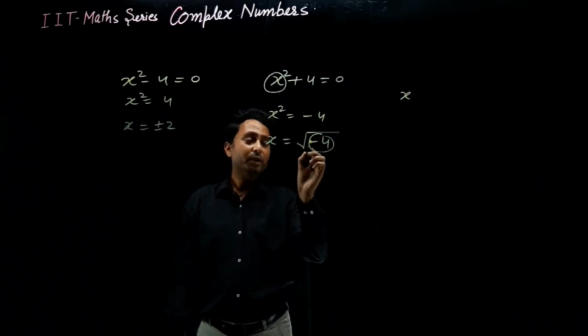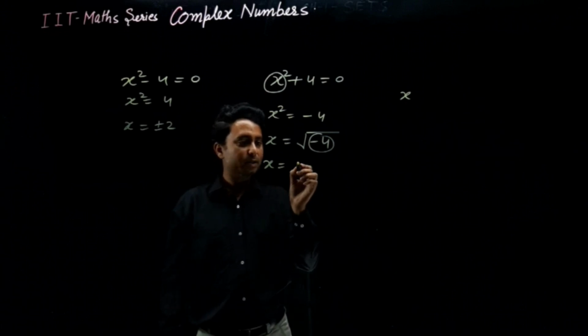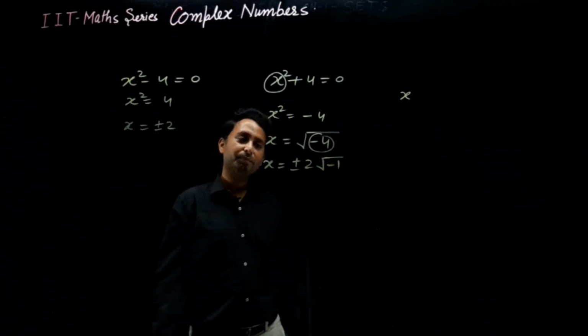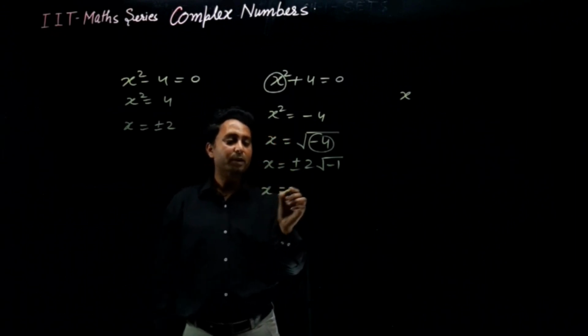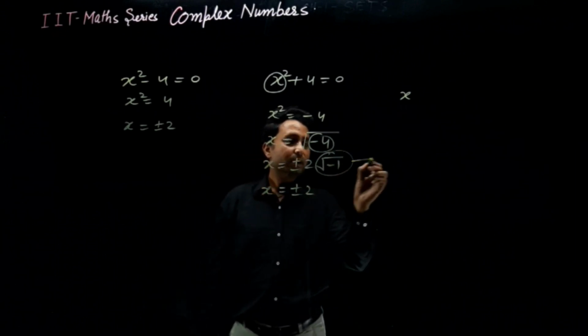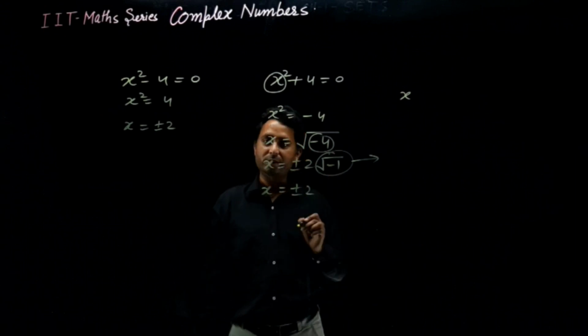It means this is not a real number. If we find the value of x, this will be plus minus 2 root of minus 1. Then x equals plus minus 2 times root of minus 1. This is an imaginary number. Root of a negative is always imaginary.